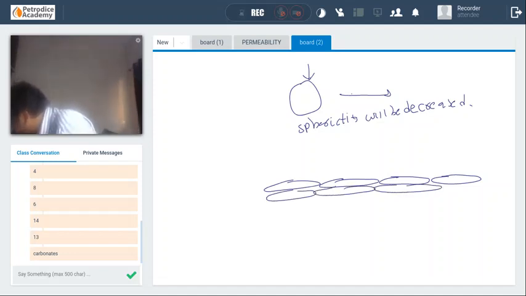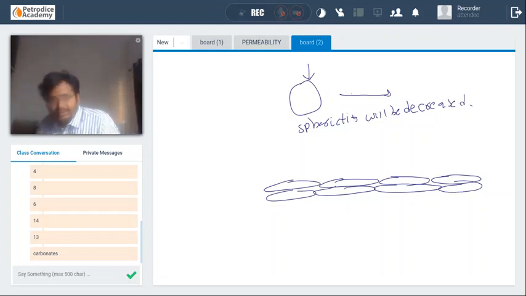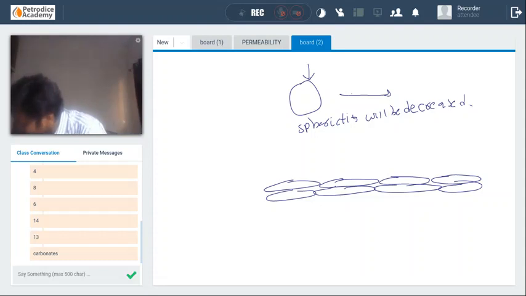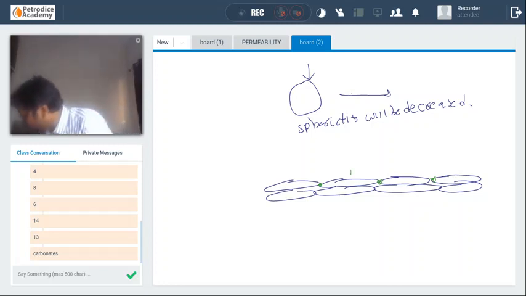And not only that, if you can see here, these grains which are flat will not allow the fluid to move up, thus decreasing the vertical permeability.